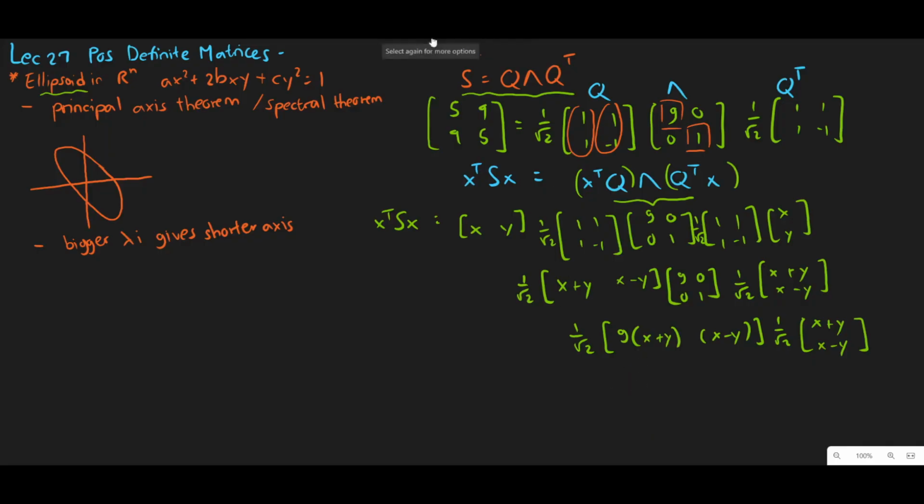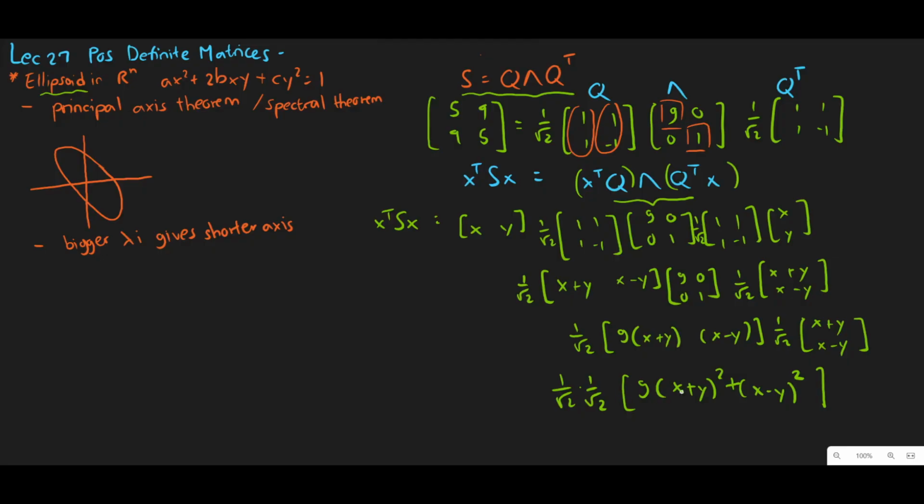Let's just do it one by one here. We pull those out, the square root of 2, square root of 2, and then we have here the 9 and the 1 times x plus y squared, x minus y squared, and this is where we have the plus sign here, right?